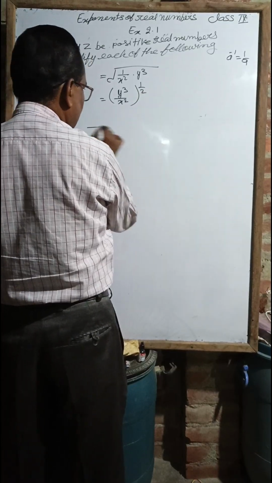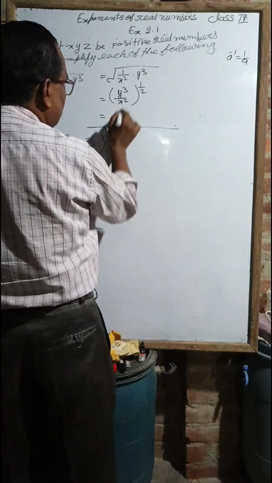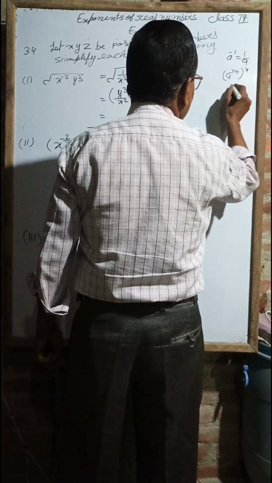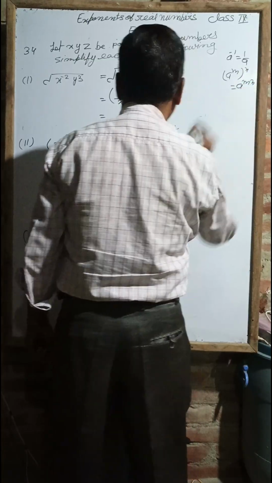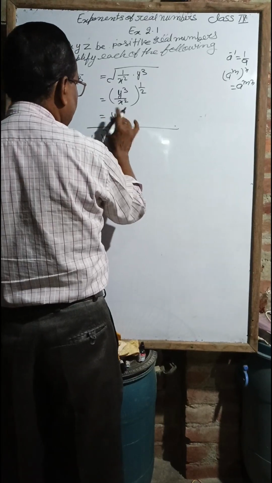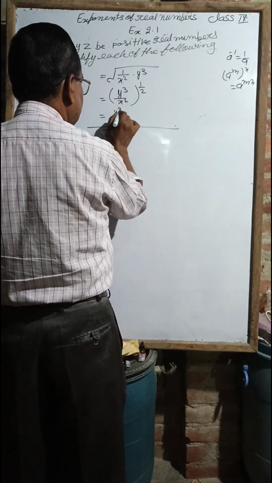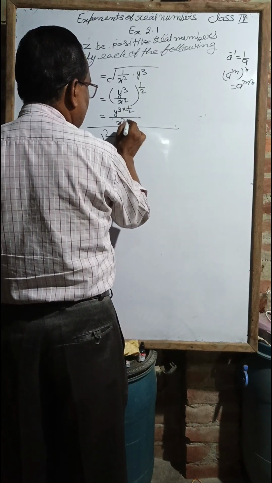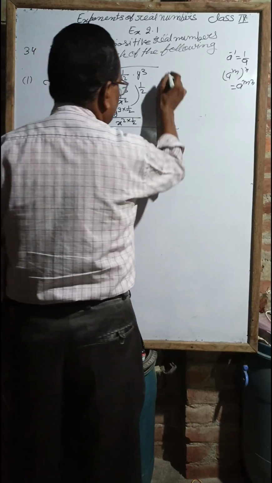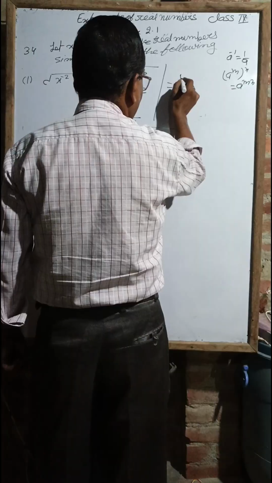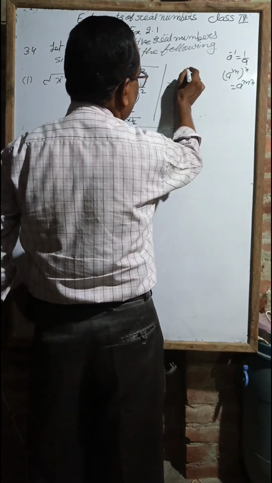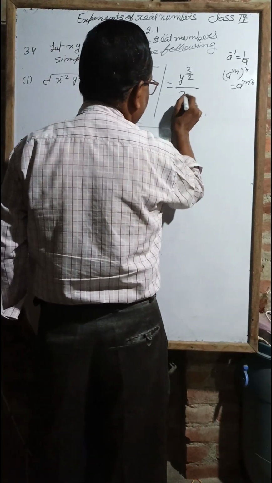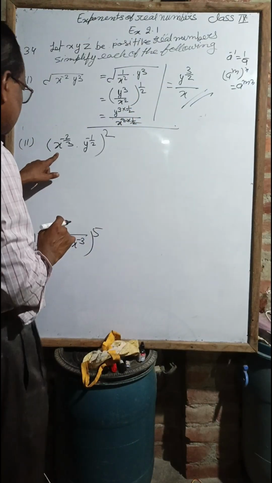Is equal to square root. A raised to the power a inverse is equal to 1 upon a. So square root of 1 upon x square times y cube is equal to y cube upon x square raised to the power 1 over 2, is equal to, a to the power m whole to the power n is equal to a to the power mn.